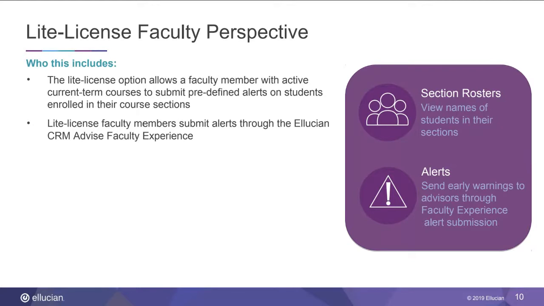I don't know if that makes sense or not. You can select multiple students for the same alert, but you cannot select more than one type of alert for one student. And the reason is because those alerts are set up to go to certain departments that would then initiate different kinds of communication. So it needs to be streamlined in regards to the type of alert that was submitted.